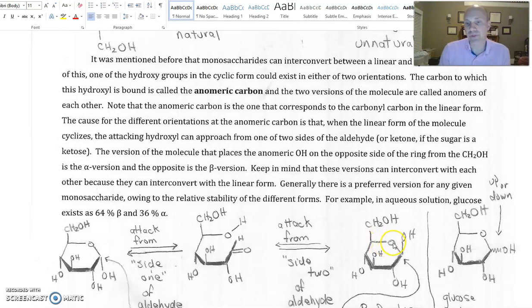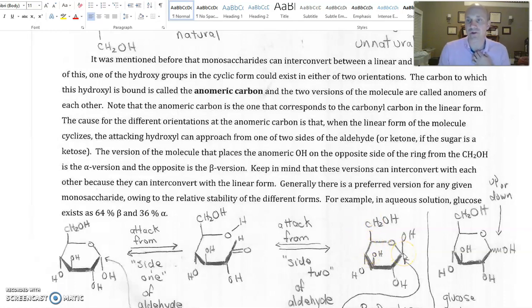One last thing I wanted to point out is there's actually two carbons that are neighboring this oxygen in the ring. So why is this one right here considered the anomeric carbon? Well, notice that there's not a hydroxyl on this carbon right here. There's a hydrogen, there's this group, and then there's a bond going down here.